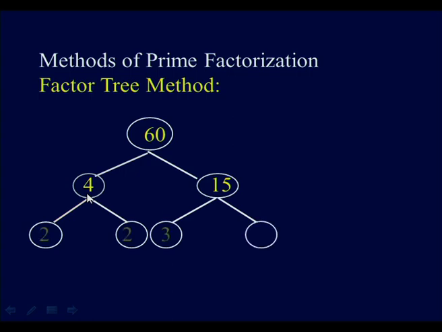So, what are they? So, 4 can be written as 2 into 2 and 15 can be written as 3 into 5, prime factors of 60. As you can see here, we can say that 60 can be written as 2 into 2 into 3 into 5. 2, 3 and 5 all are prime numbers.